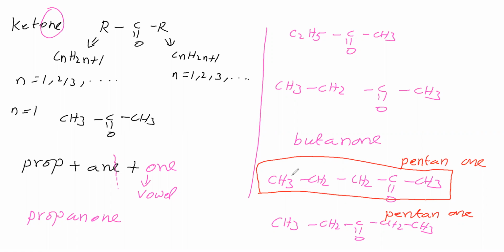The ketonic carbon position should be least. So we start from the right extreme, then only the ketonic carbon will get the least position. Therefore, here the ketone carbon is getting the second position.